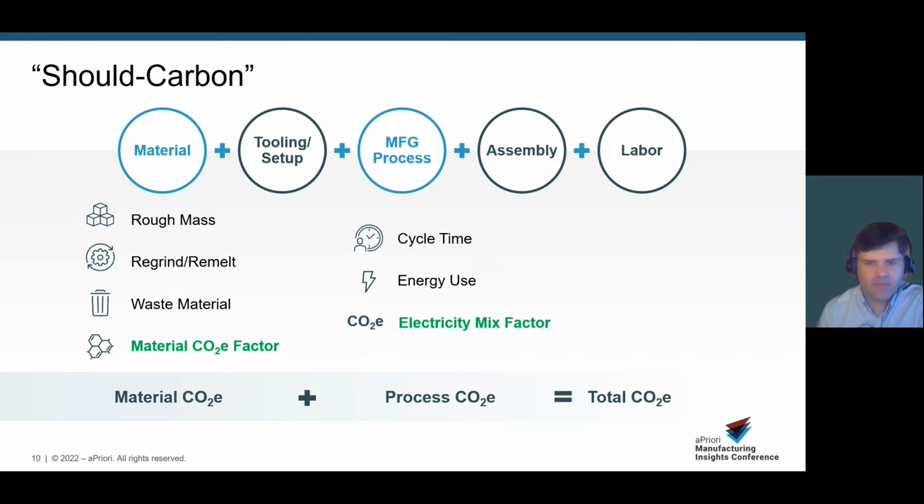And similarly, when we're looking at manufacturing process, we already have a really great understanding of cycle time and energy use, and then we're just layering in the electricity carbon mix factor to help understand the process carbon. We add those two together to give you a total CO2, or total carbon, of the individual part.